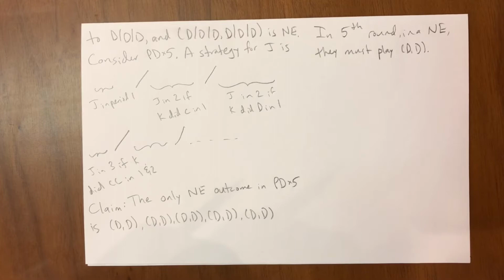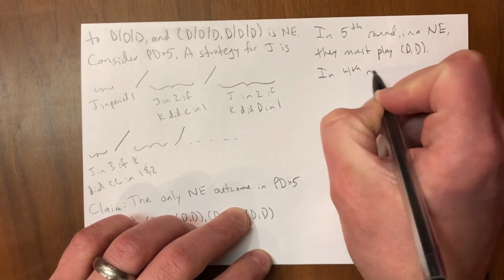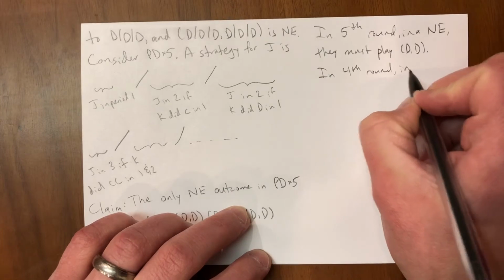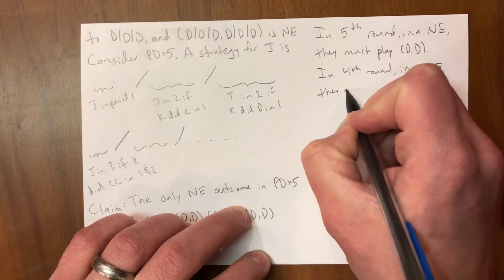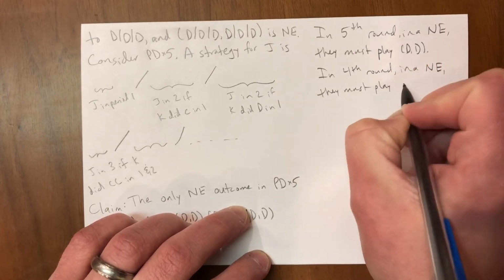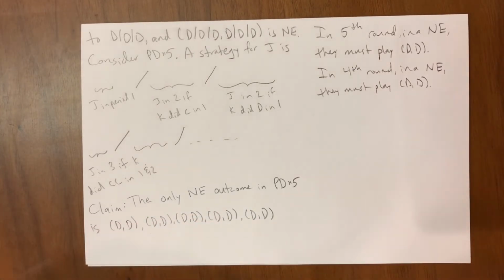So this is going to sort of unravel, and maybe you can see where we're going. In the 4th round, in a Nash equilibrium, again, they have to play DD. The reason we know that is because, if we know that in the 5th round they're going to play DD, then in the 4th round they also have to play DD.